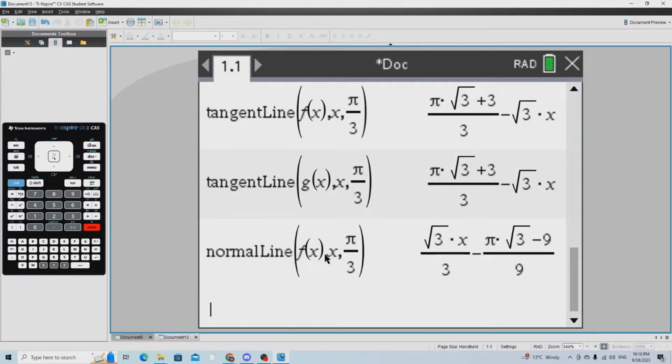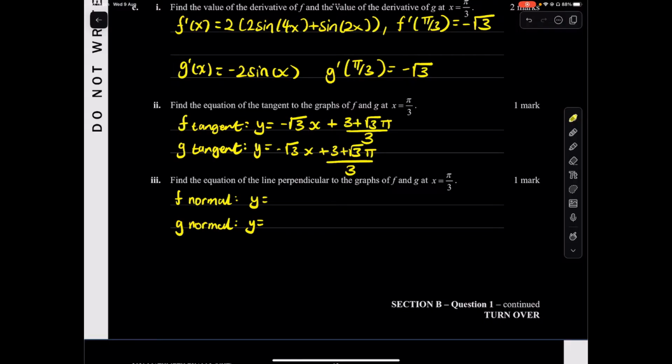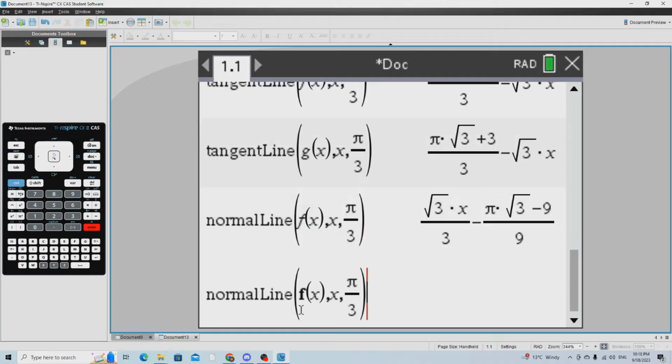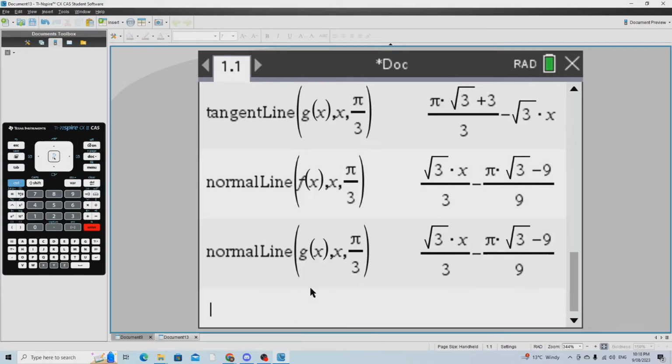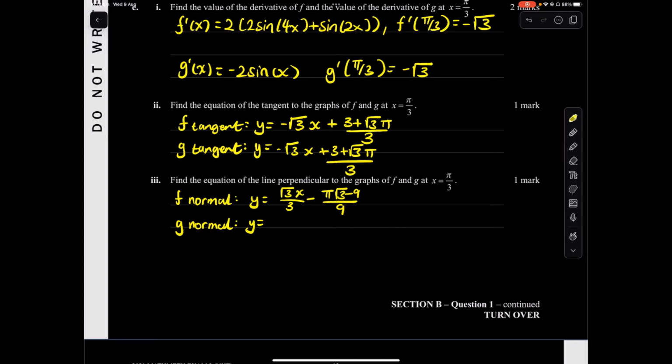It gives you this here. So that's root 3 x all over 3 minus pi root 3 minus 9 over 9. And copy that and write now g. It gives you the same. Yep, so it's the same thing.